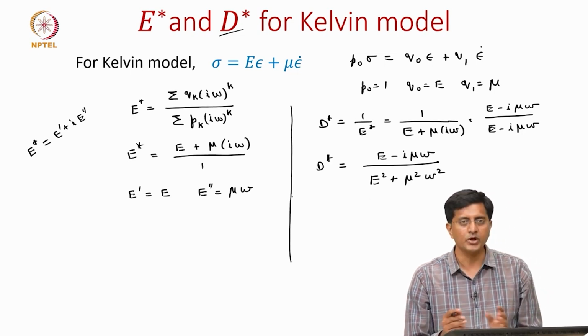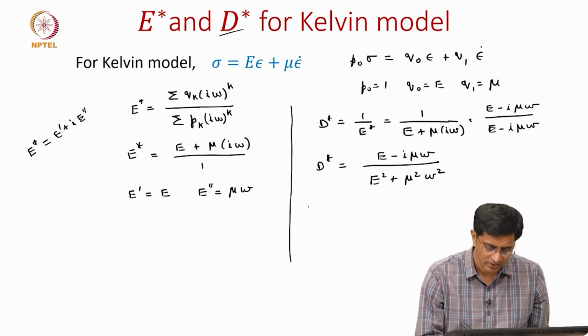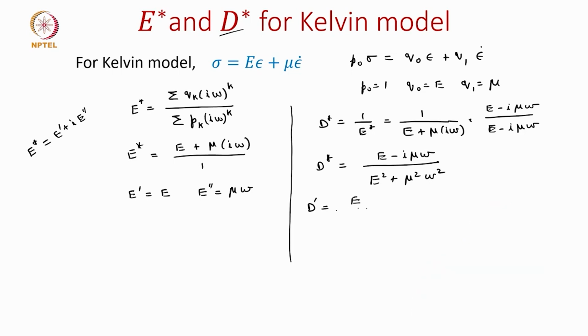So, from this I should be able to separate the real and imaginary parts, which are the storage compliance, which is E by E square plus mu square omega square, and the loss compliance is minus mu omega by E square plus mu square omega square.